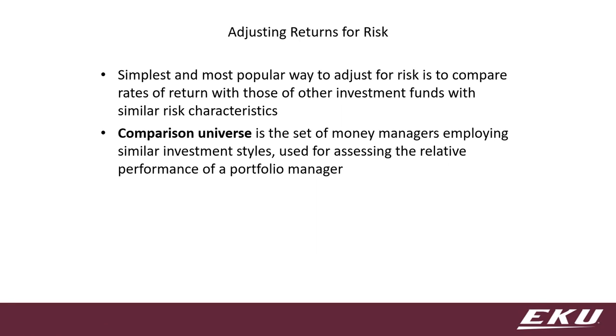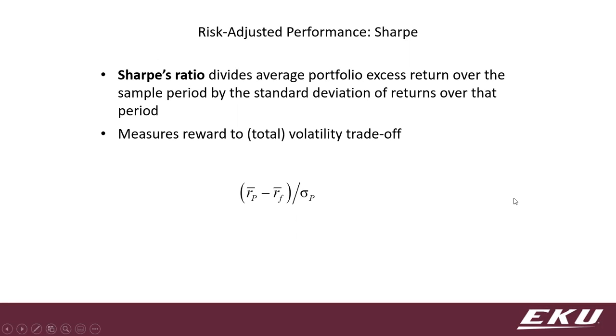So when we're comparing funds, right, or looking at risk, what we try to do is say, is this return that you received great enough for your risk, right? And there's a lot of different measures. So we're going to go through several of these, right? So the first is going to be the Sharpe ratio.